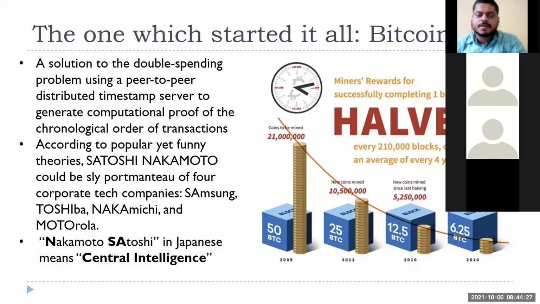Some say Satoshi Nakamoto is Japanese, others say it was actually created by the Central Intelligence Agency of America. Then some people say this is a group of companies whose research and development group created this currency. So there is no certainty about who created this white paper and this currency.